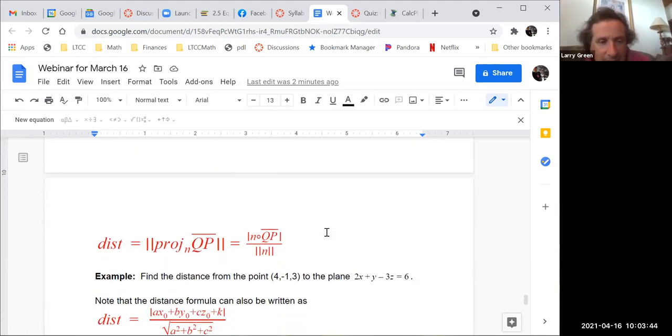So in particular, the distance from a point to a plane is the projection onto N of QP, which, if you remember, was the absolute value of N dot QP divided by the magnitude of N. Any questions on that formula?